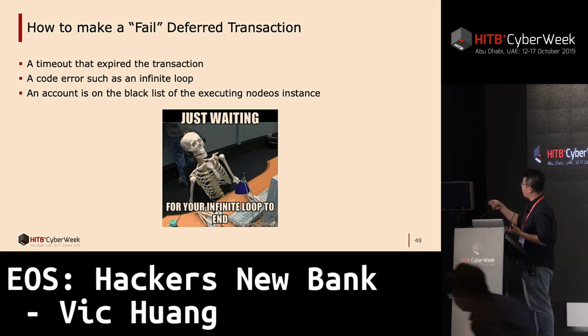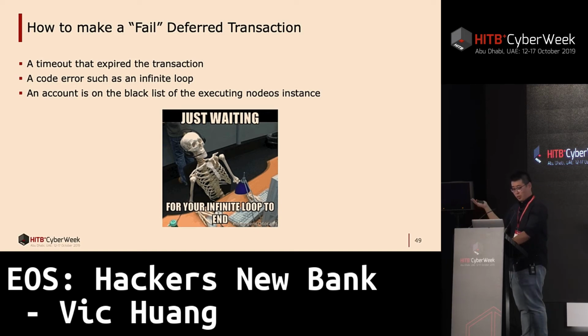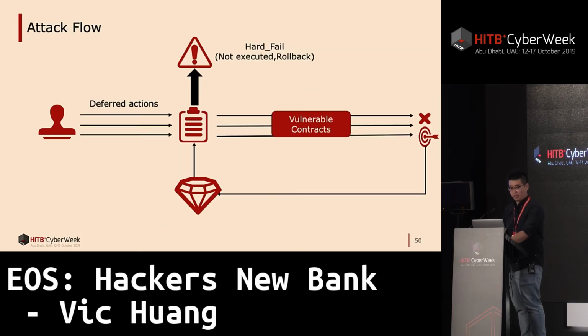Next is the code error. The code error is when you write an infinite loop in the transaction, so when the block producer sees the infinite loop, it will directly reject your deferred actions. And so on. In these ways you can make hard-failed deferred transactions.